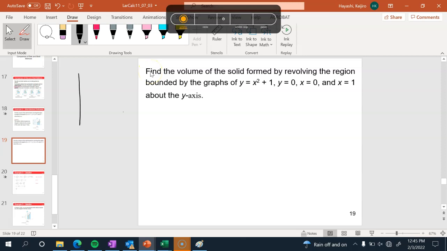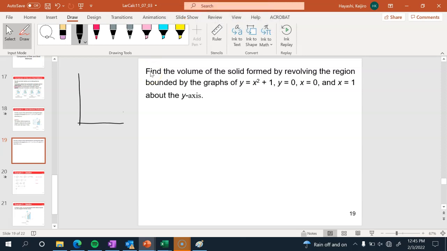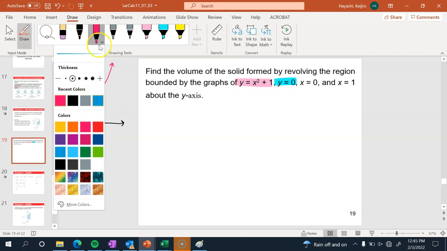Alright, so without getting too carried away, I'll draw the shape. Y equals x squared plus 1 is the parabola shifted up by 1. The left part doesn't matter. Y equals 0 is just the x-axis.